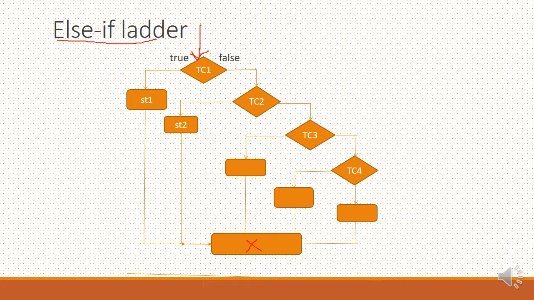If the first condition is true, the remaining conditions are not going to be checked by the compiler. It executes statement 1 and your control directly goes to the next statement available in the program.